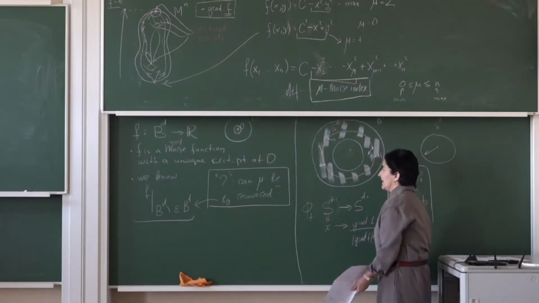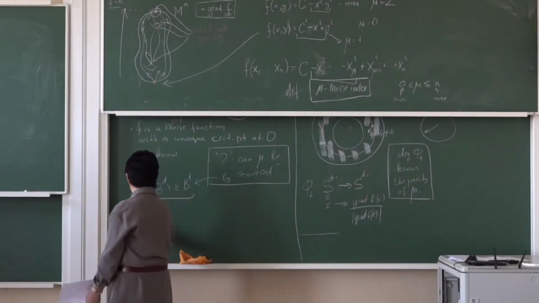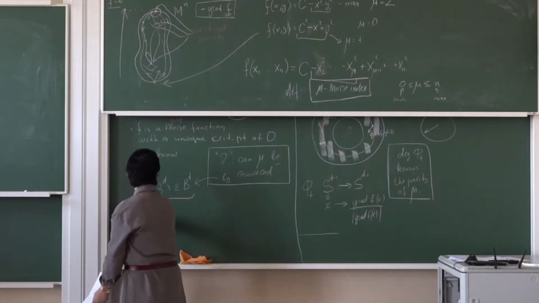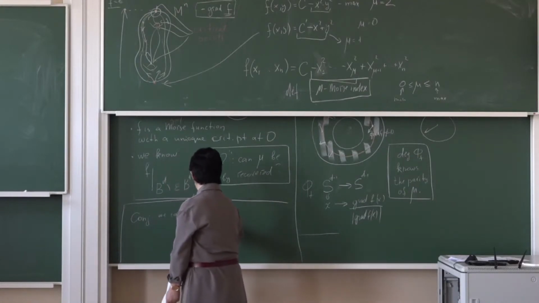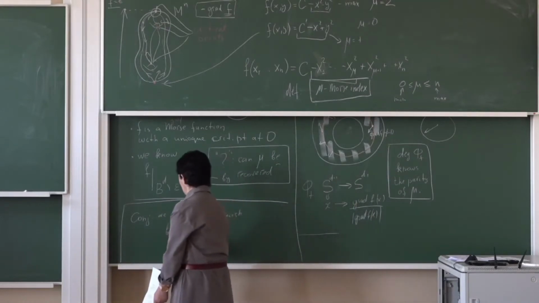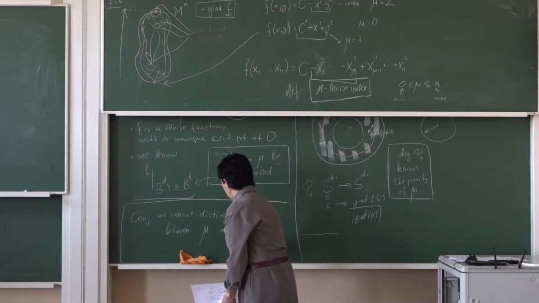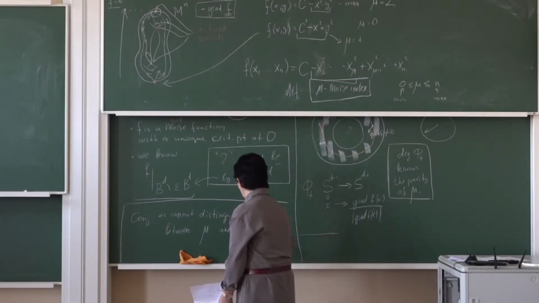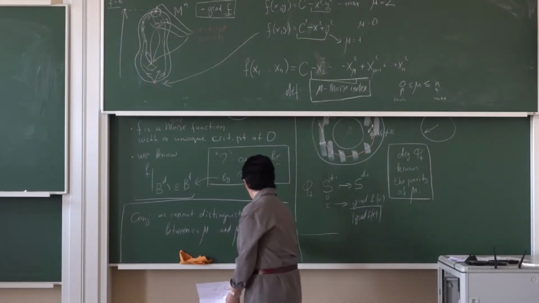And so the answer is, let me tell, a conjecture. The conjecture is the following: that we cannot distinguish between Morse indices of the same parity, mu and mu plus 2k, whenever they are greater than 0 and smaller than n.